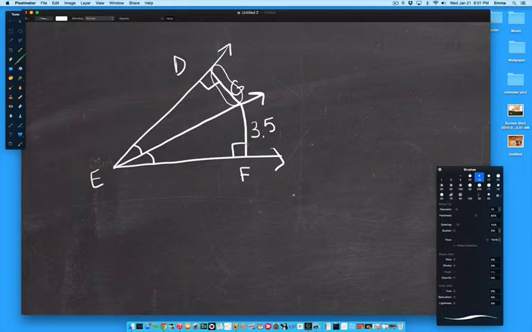We can find this rather easily using the angle bisector theorem. We know that if a point is on the bisector of an angle, then it is equidistant from the sides of the angle. Point G is on the bisector of the angle, so therefore it is equidistant to points D and F. Therefore we know that this line is 3.5.